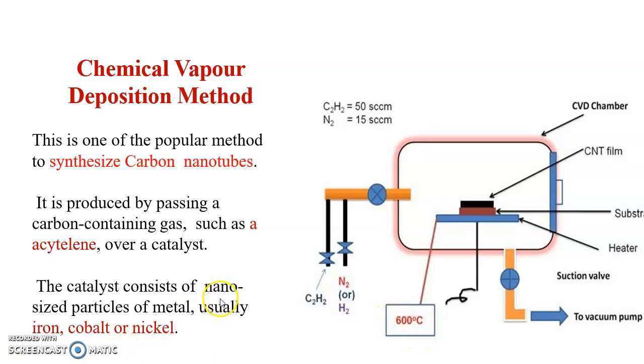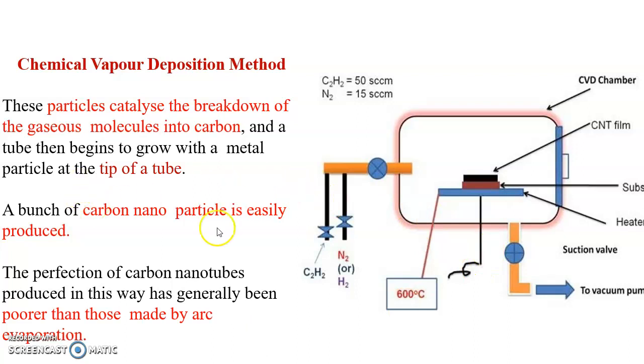The catalyst consists of nano-sized particles of metal, usually iron, cobalt, or nickel. These particles catalyze the breakdown of the gas. The gas that is passed through here is acetylene, and in the presence of the catalyst, it breaks down to form carbon. A tube then begins to grow with a metal particle at the tip of the tube.